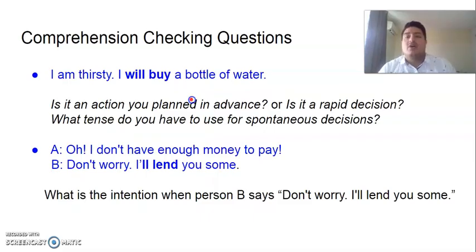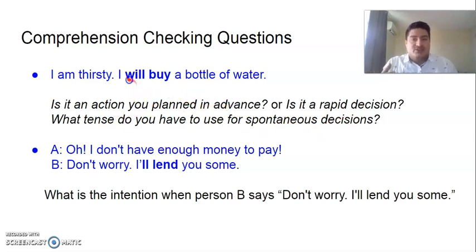Here I have some comprehension questions. You can write on the board this sentence: I'm thirsty. I will buy a bottle of water. And you can ask the student, is it an action you planned in advance, or is it a rapid decision? It is a spontaneous decision. So students may think, what is the correct form?